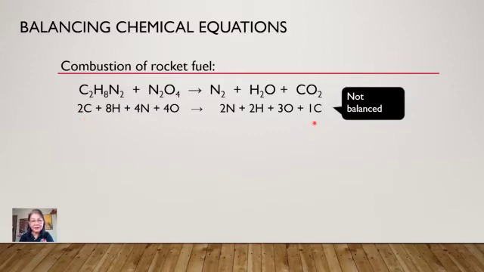One rule that was not mentioned is that when you are comparing elements, start with elements that appear only once in the product. Suppose you picked up N2O4 as your most complex formula and then you start off with oxygen.